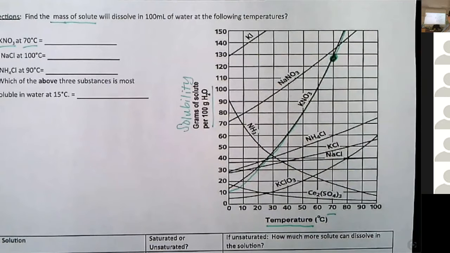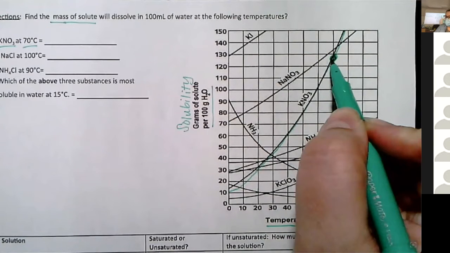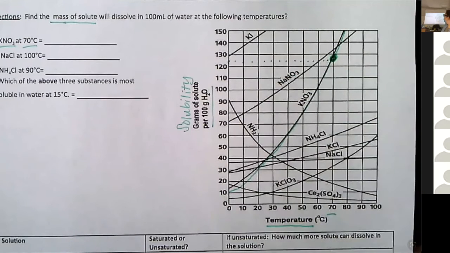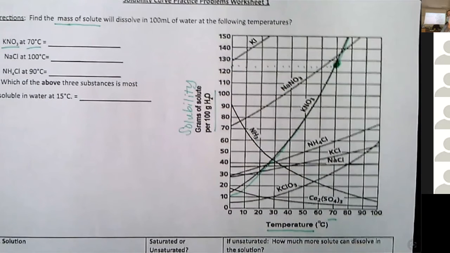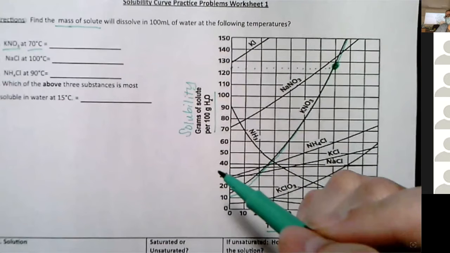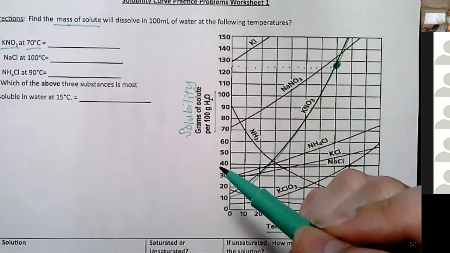Once we found that spot, all we have to do is travel over until we get to the y-axis. The y-axis is the one that goes up and down. If it's in between 120 and 130, what is it roughly? 125, right?